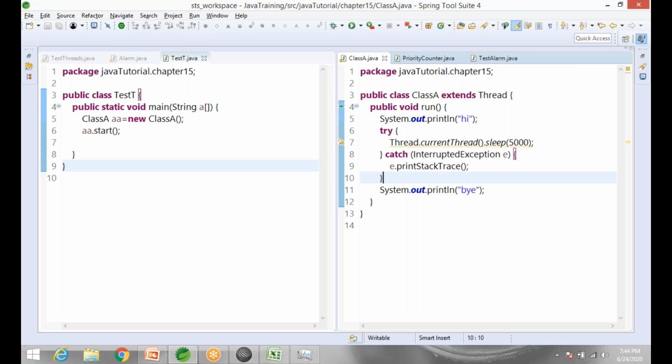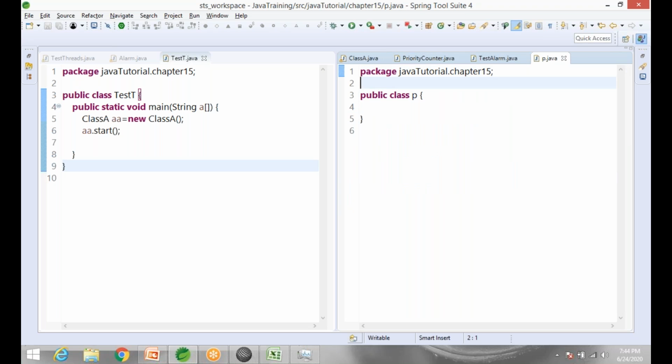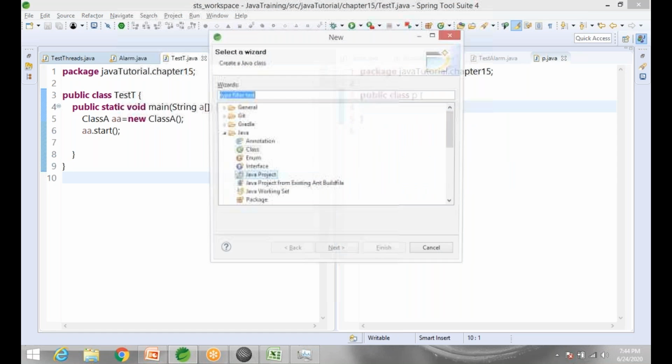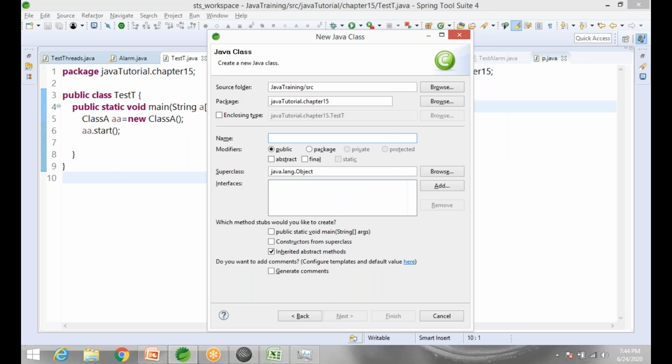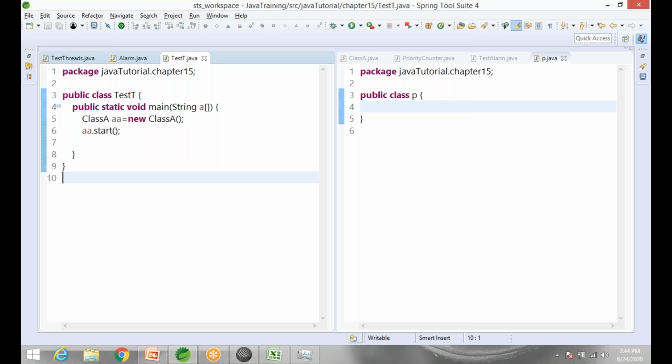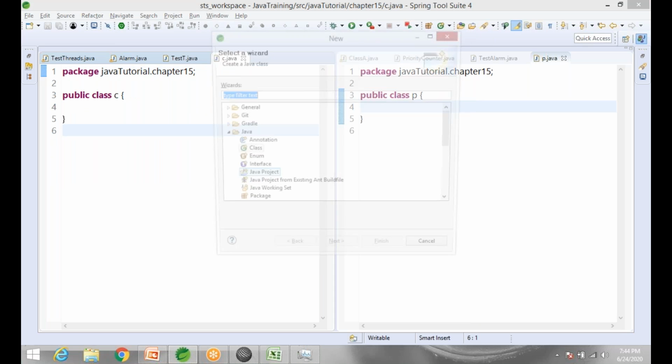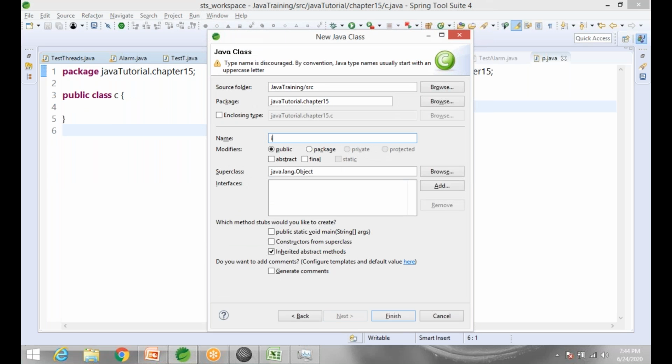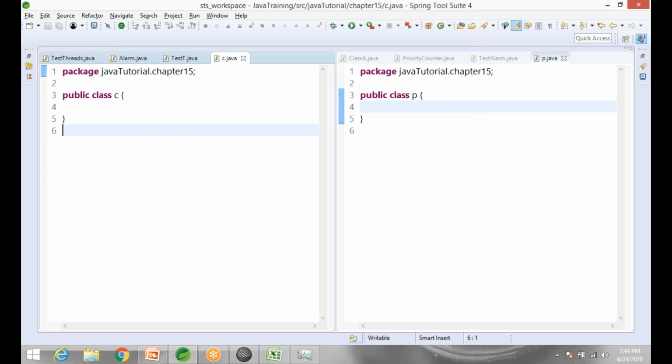Class P for producer, class C for consumer, class I for inventory.